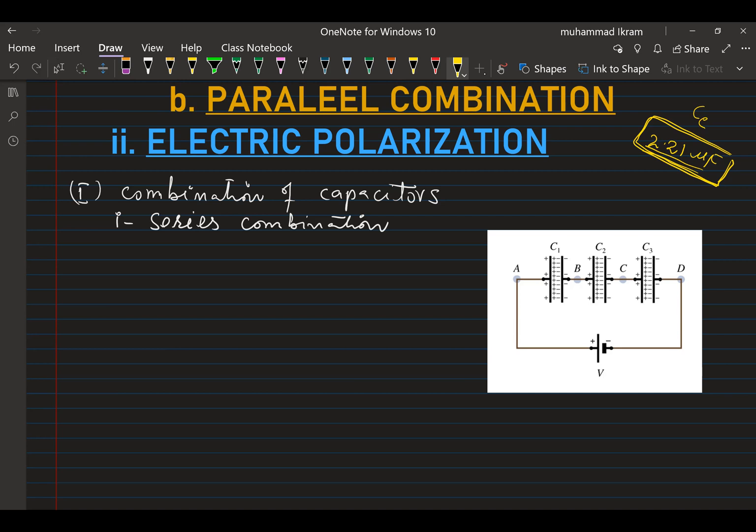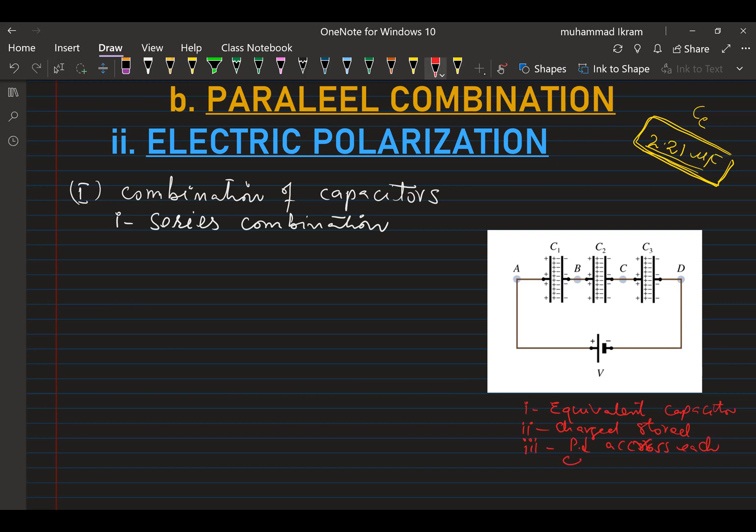The main theme of our lecture is that we will look for the equivalent capacitance of the capacitors in the combination. Sometimes the charge stored by each capacitor. Third, and most important, is the potential difference across each capacitor.